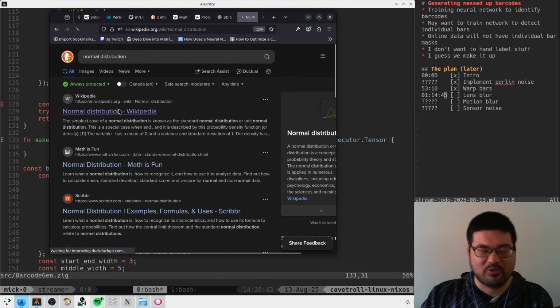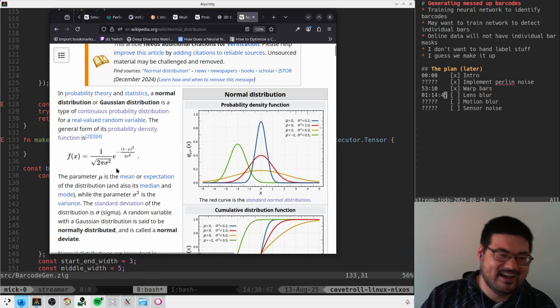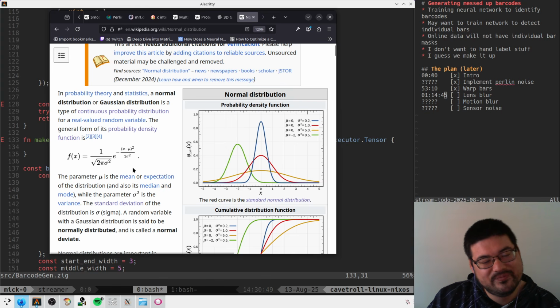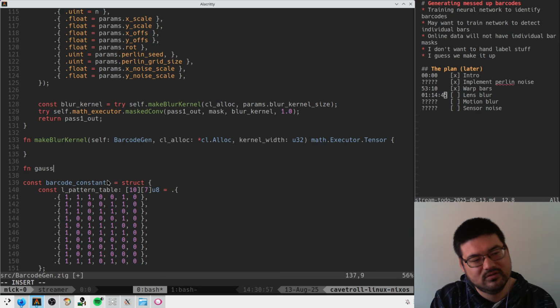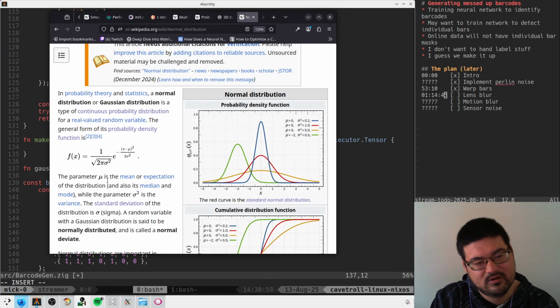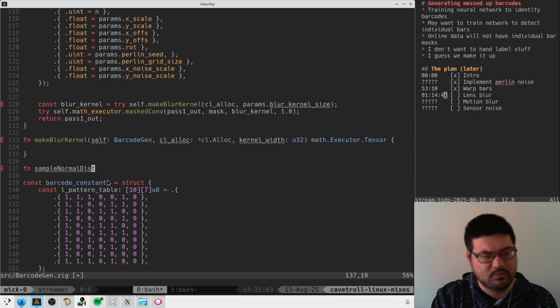I could just hard code the 3x3 or 5x5 kernels. That's pretty reasonable too. Okay. Sample normal dist. I think we have this somewhere.